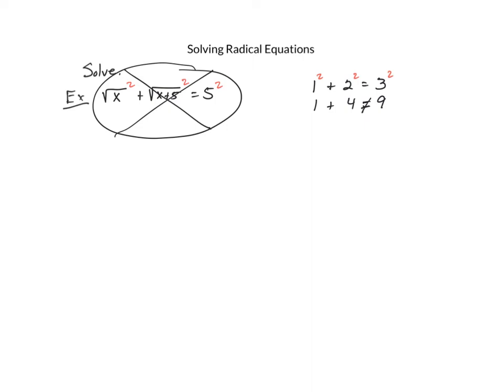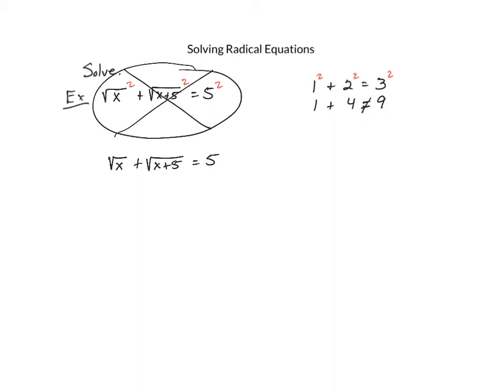So let's get back to the way the equation was originally. It was the square root of x plus the square root of x plus 5 equals 5. Now the key to this is to isolate one radical at a time and eliminate one radical at a time.